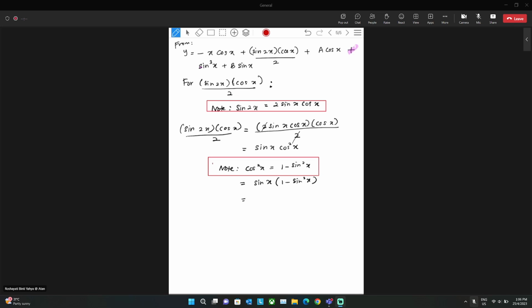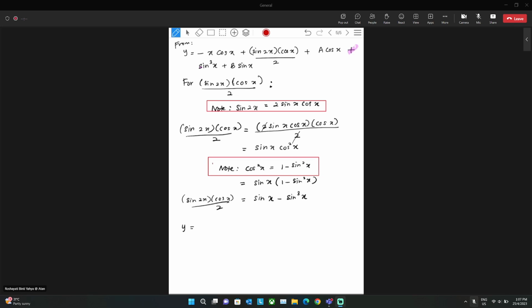Are you still with me? Finally, this becomes sin x minus sin cube x, over 2.